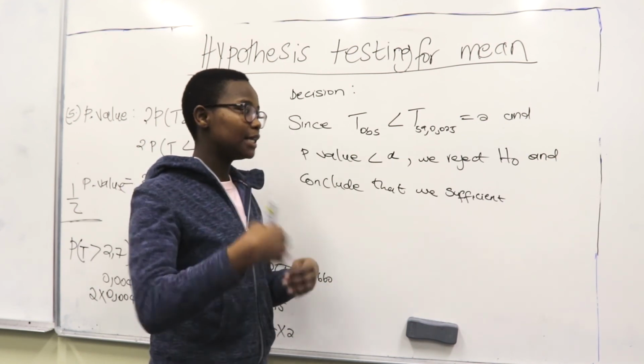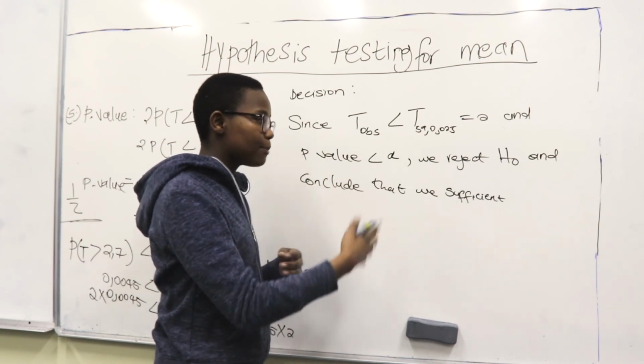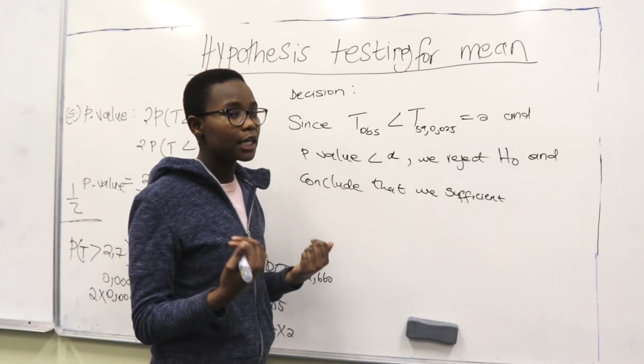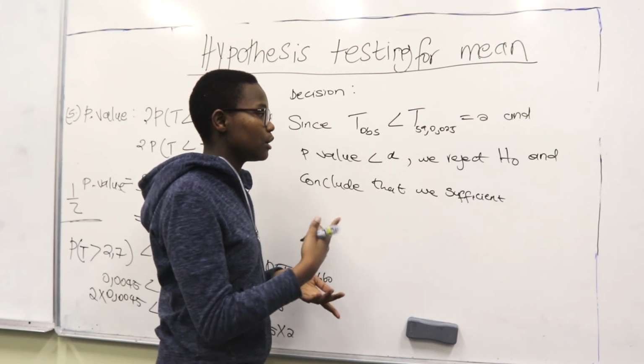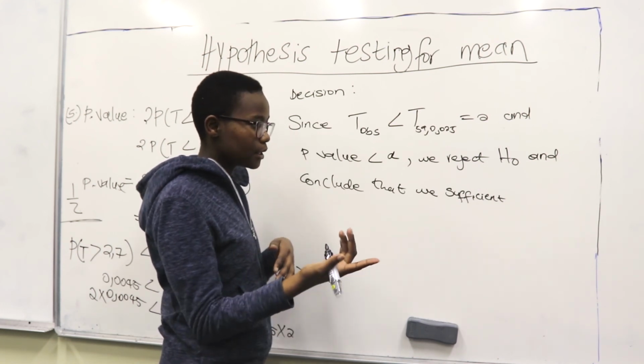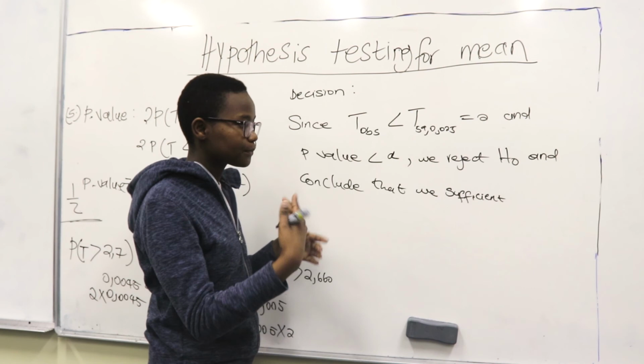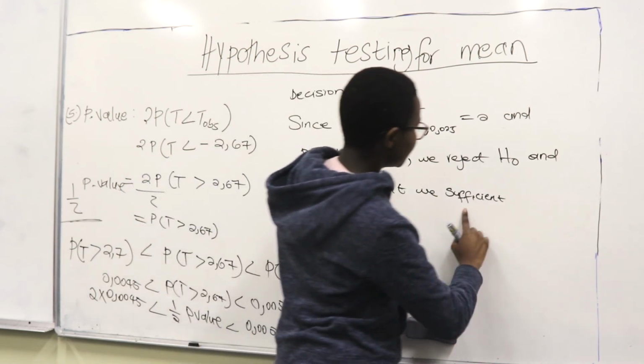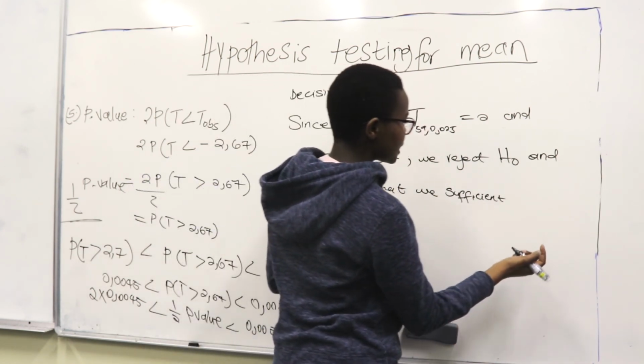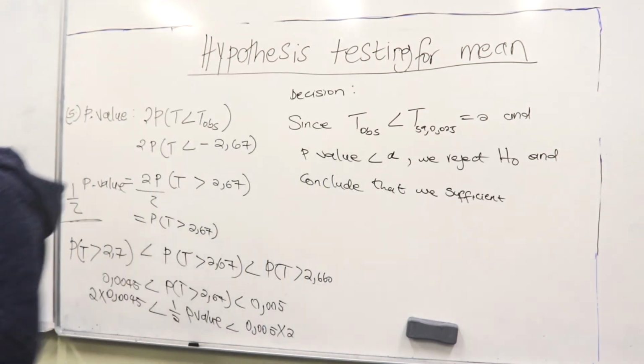You have to do many other hypotheses in order to be confident enough. So we have sufficient evidence, and then we go back to look at the question.